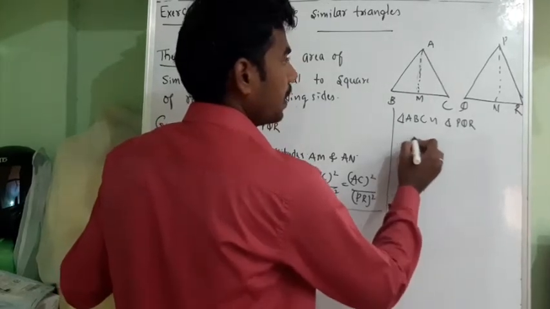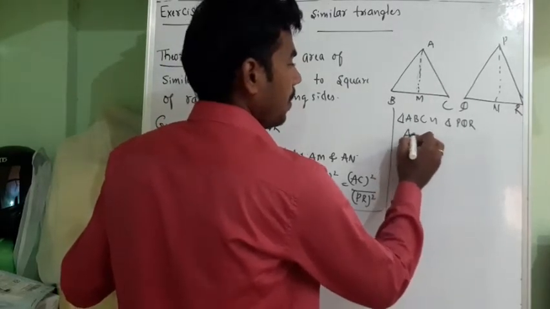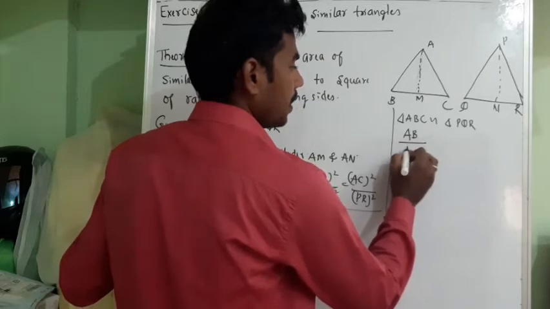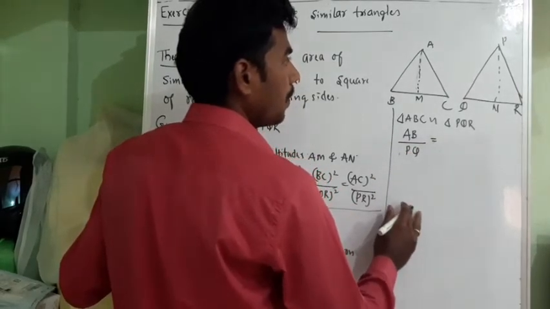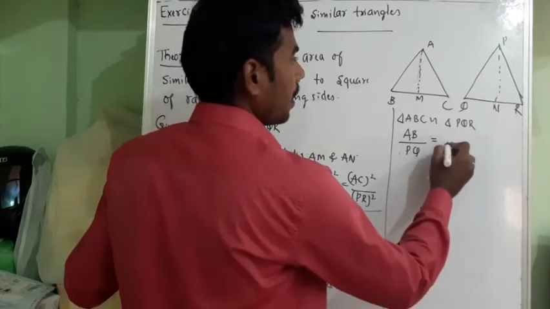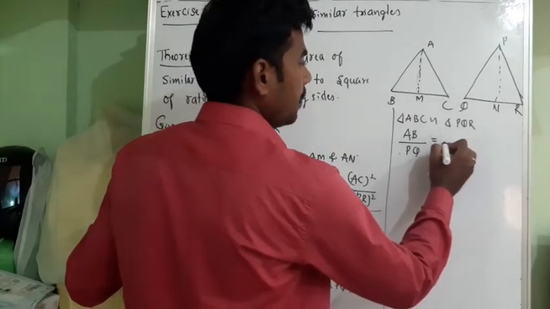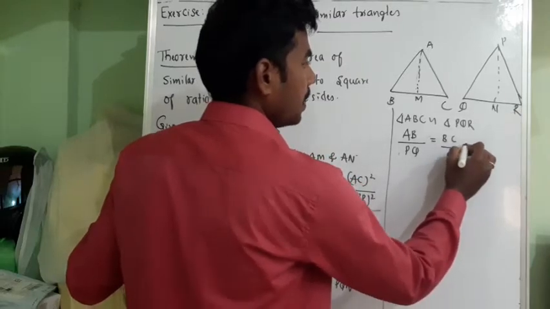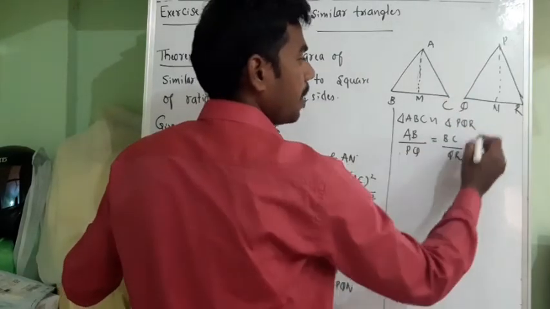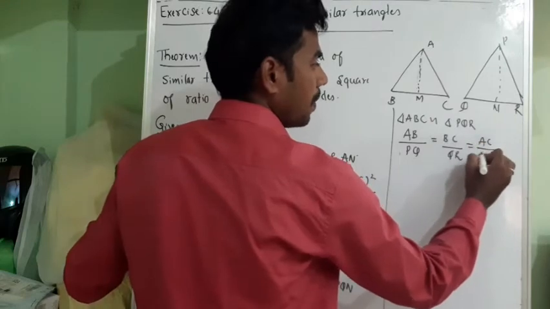We know that AB by PQ is equal to BC by QR is equal to AC by PR.